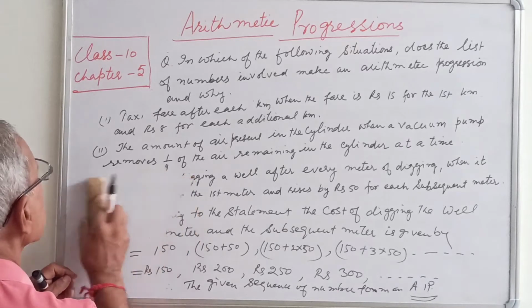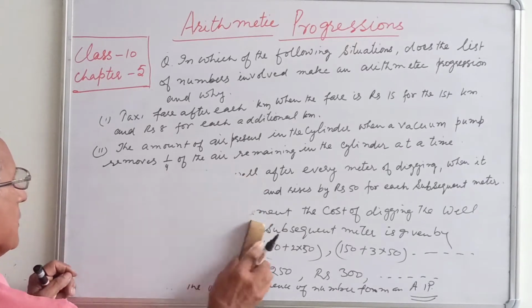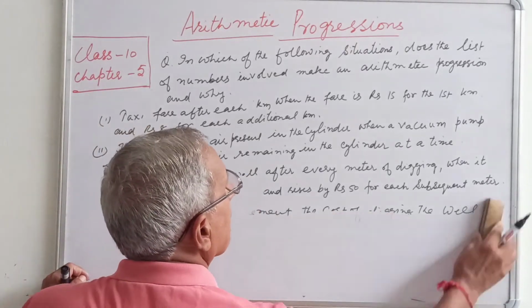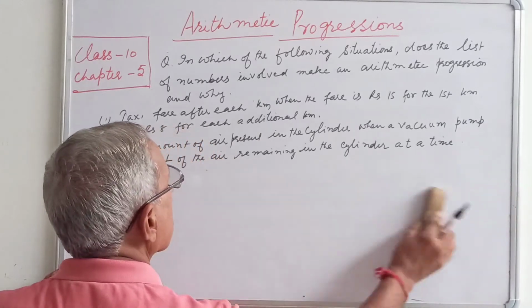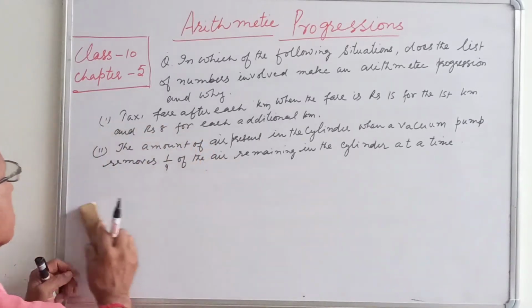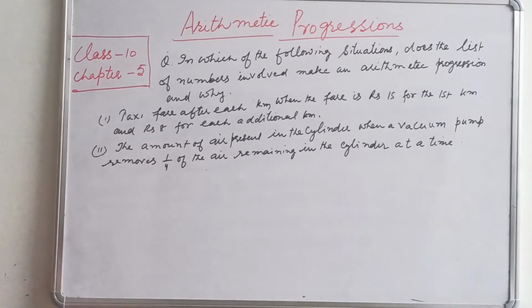Now the second part, solution for the second part. The amount of air present in the cylinder when a vacuum pump removes 1/4 of the air remaining in the cylinder at a time.